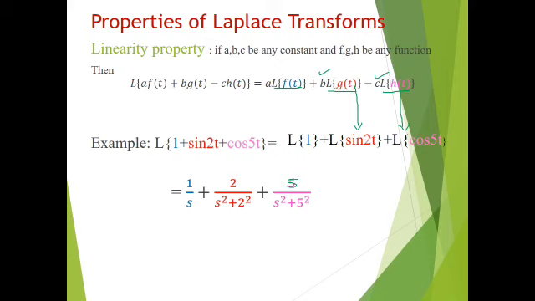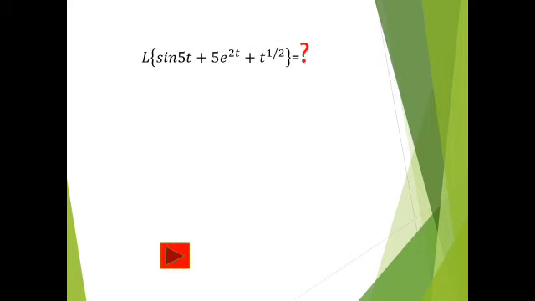Now, are you able to solve this question? Definitely yes. Please write your answer in the comment box.